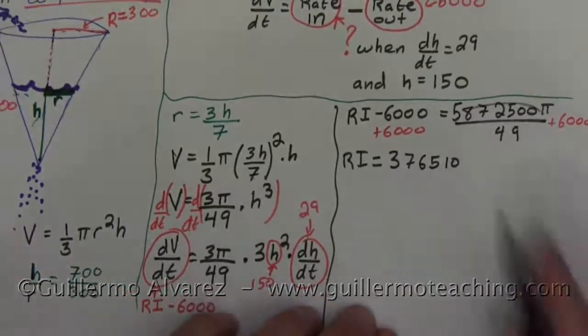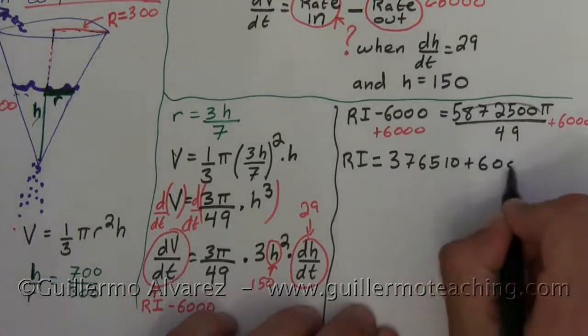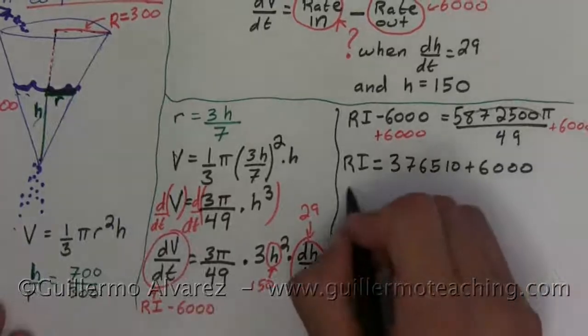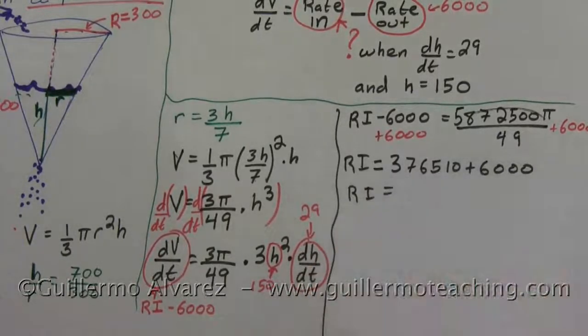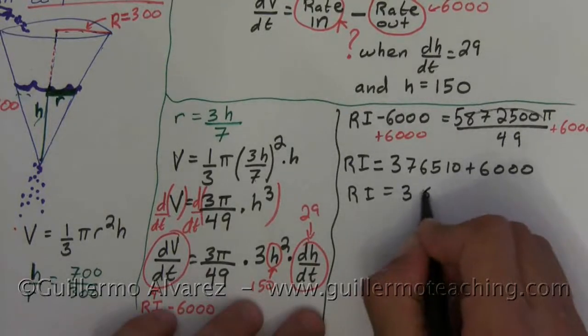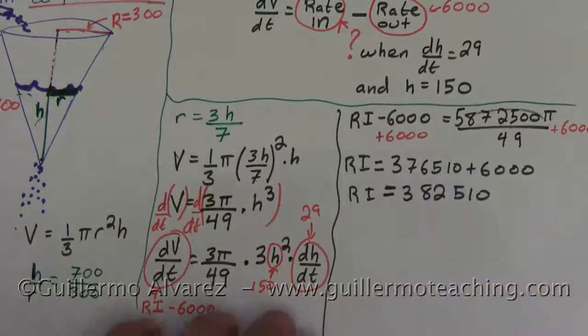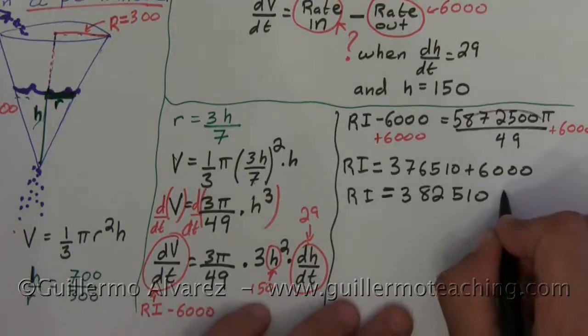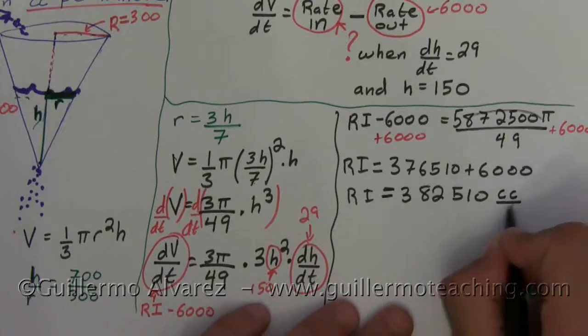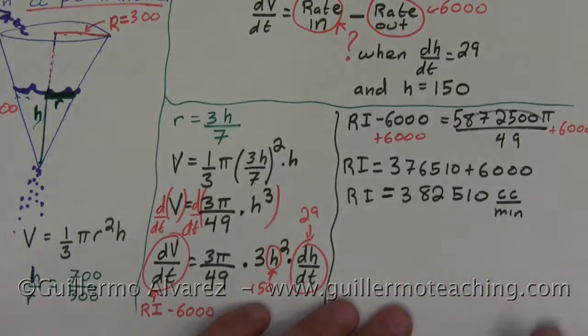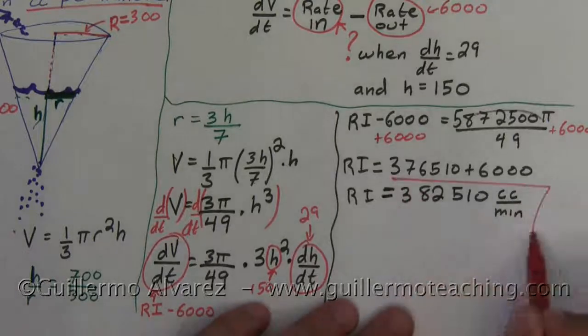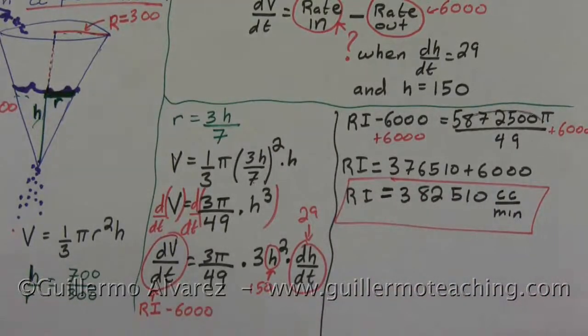That means this is equal to approximately 382,510, and this is cubic centimeters per minute. And that's it. That's the rate at which the water is coming in. And it's coming out at 6,000 cubic centimeters per minute.